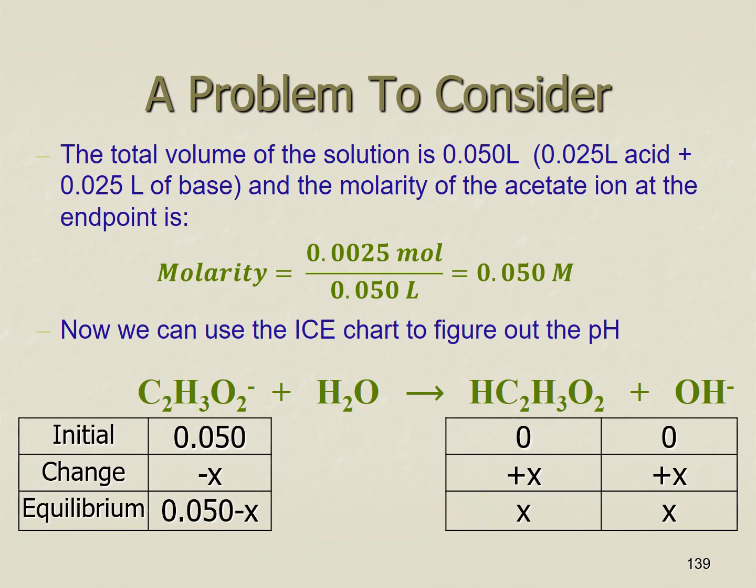Now we can set up our ice chart. Our initial is 0.050 molar of the acetate. And now we just have a weak base, because the conjugate of the weak acid is a weak base. Again, we have a little snafu because we only know the Ka of acetic acid.